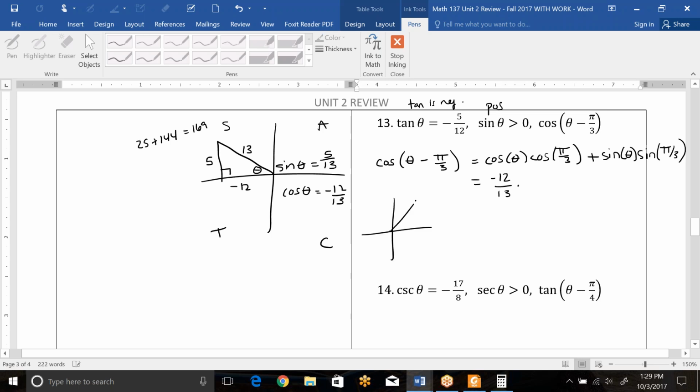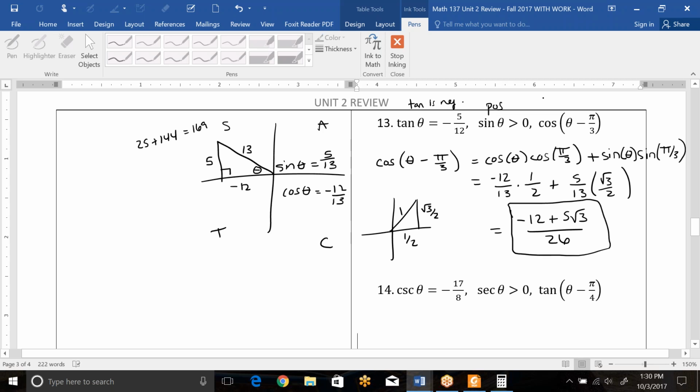So pi over 3, remember, is a 60-degree angle. 60 degree, you have square root of 3 over 2, then 1/2, then 1. So cosine is 1/2 here. Sine of theta is 5 over 13, and sine of pi over 3 is square root of 3 over 2. So this is negative 12 plus 5 square root of 3, and they're both over 26 because 2 times 13. Okay.